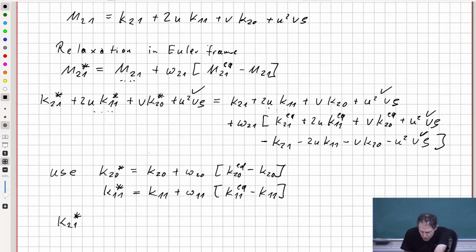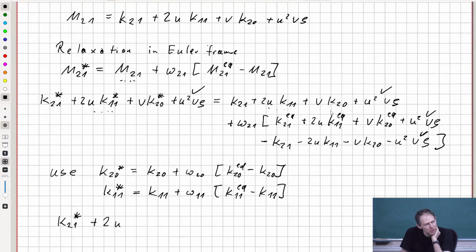So now we introduce this here, having K11 after collision plus, okay, my notes have a mistake, I guess. I'm already doing a simplification here, because we see that this K20 asterisk always comes with the pre-collision state first.